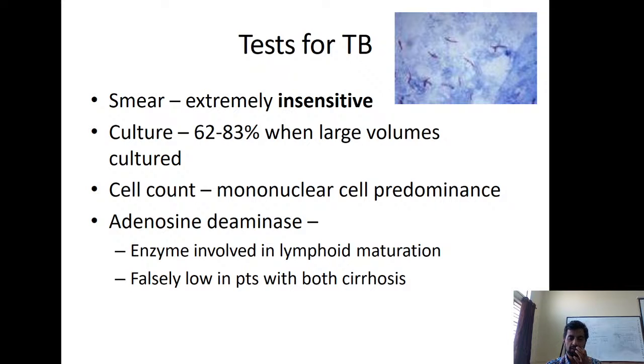So how do you diagnose? When there is lymphocyte predominant leukocytosis in the abdominal cavity, and the enzyme adenosine deaminase, which is present in the lymphocytes, is increased inside the peritoneal fluid, you think of it as TB.